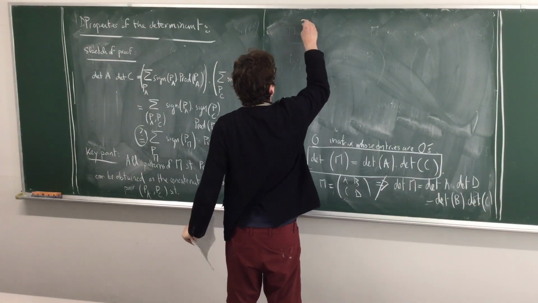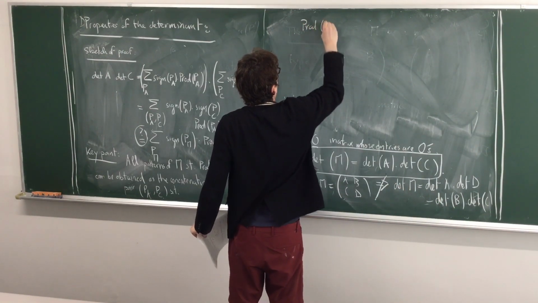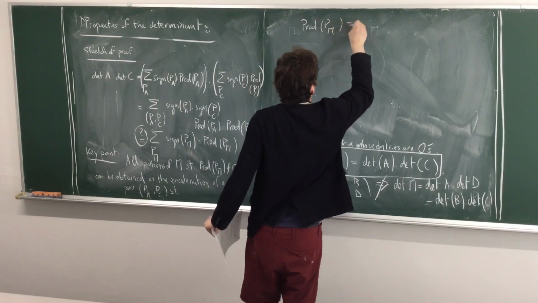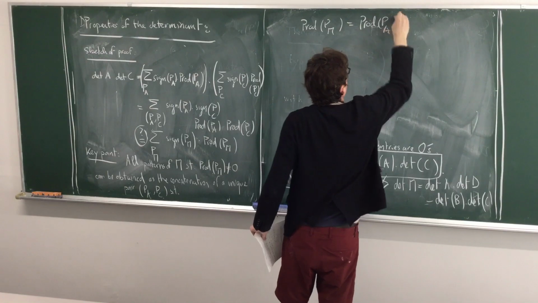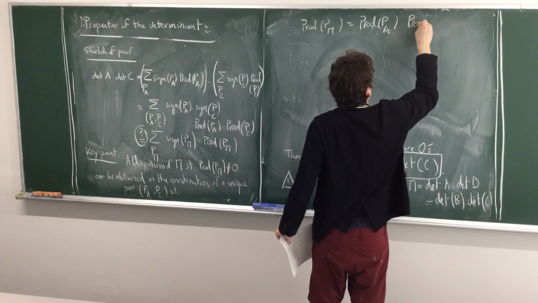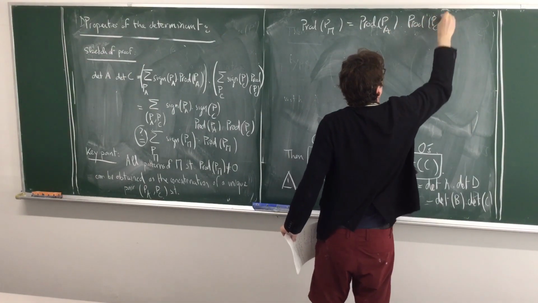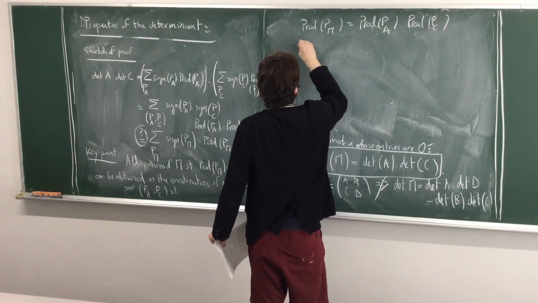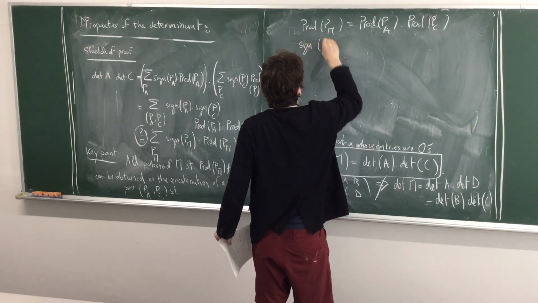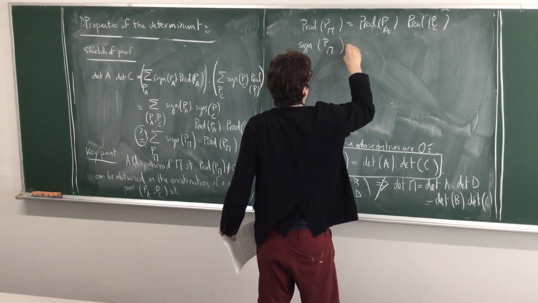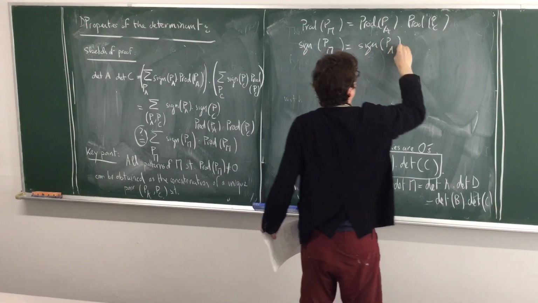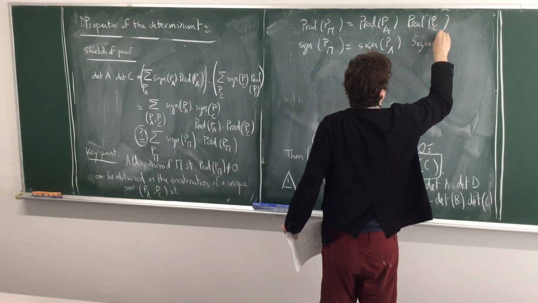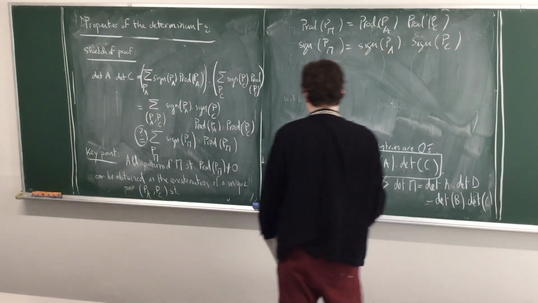The product of PM will be the product of PA times the product of PC, and the sign of PM will be the sign of PA times the sign of PC.